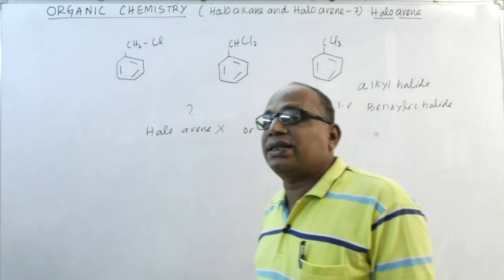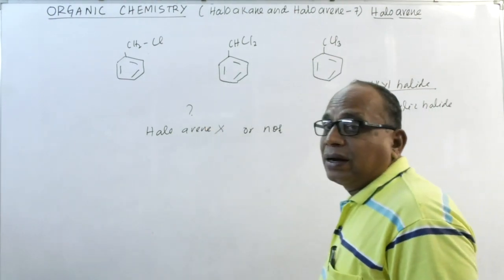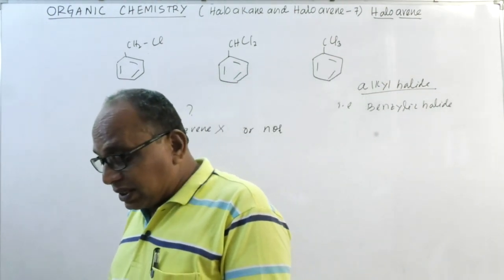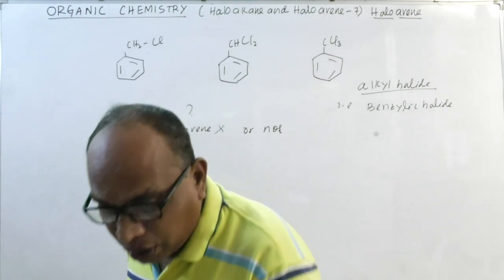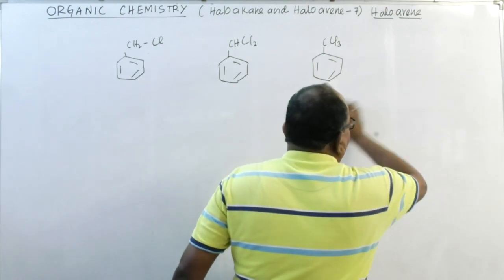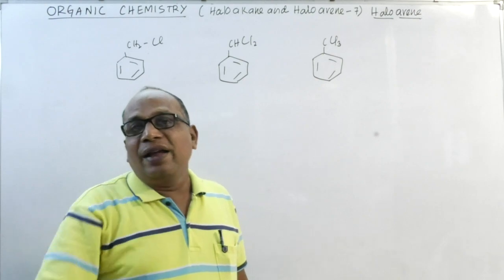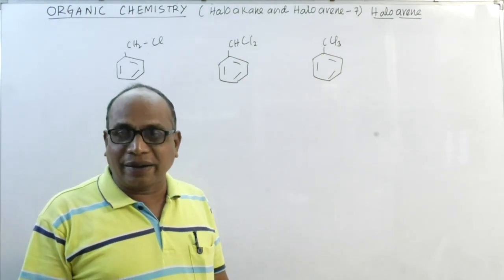If it is substituted in the side chain, then it is said to be an alkyl halide, that means a benzylic halide. So these compounds are not haloarenes because the halogen atom is not substituted in the nucleus of the benzene ring.